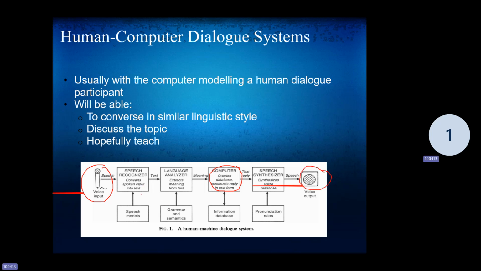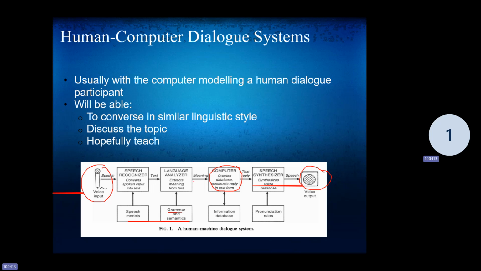So here the speech model works, which converts your input into text. Then here it extracts meaning from the text. Here grammar and semantics models are used. In case of NLP, there are so many semantic analyzers, which can extract meaning from your text.